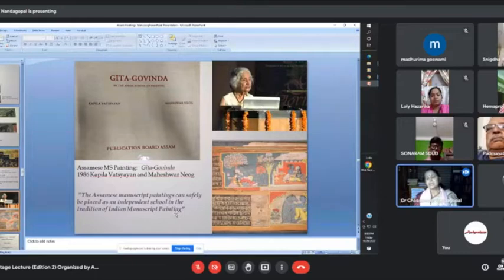Since I had just returned from my fellowship at the Victoria and Albert Museum, I had learned the way of documentation, because my subject was colonial influence on South Indian paintings. That was the project on which I was working.